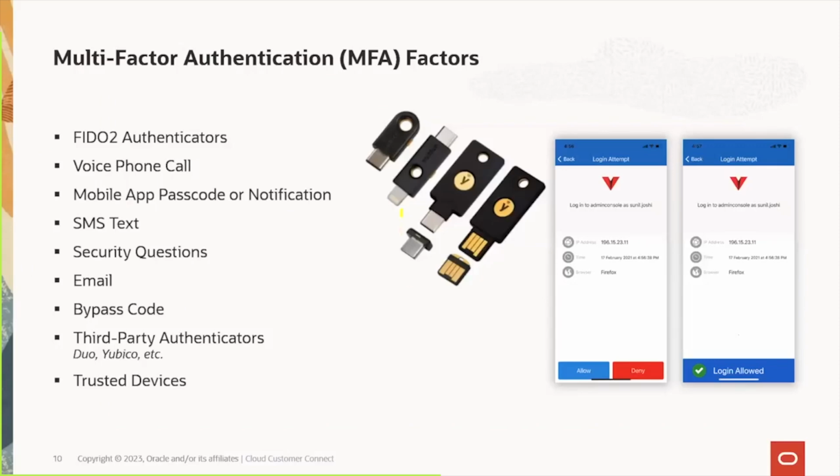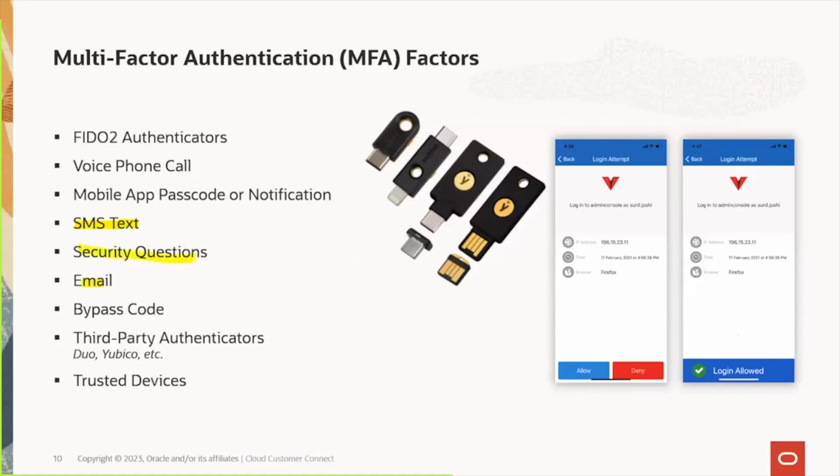The multi-factors supported by OCI MFA are listed here in this list. The most common one is providing an SMS as an access code, so the number, or an email, but both are not very secure because SMS and email are sent over the clear text internet, so mostly not protected.